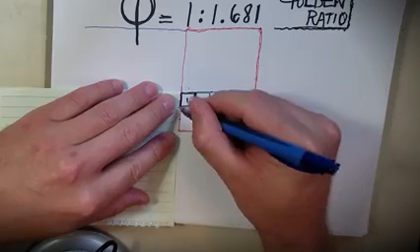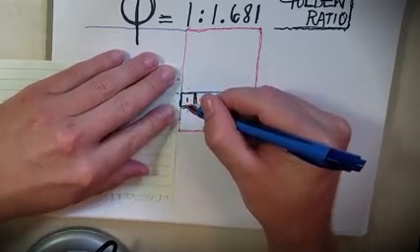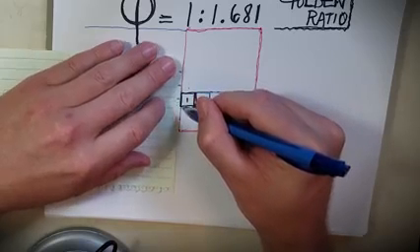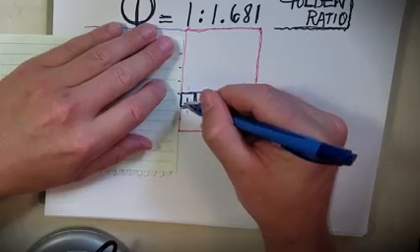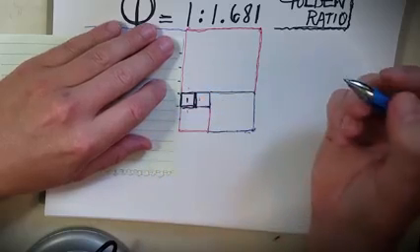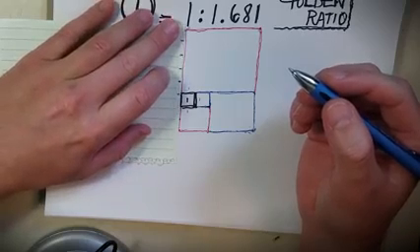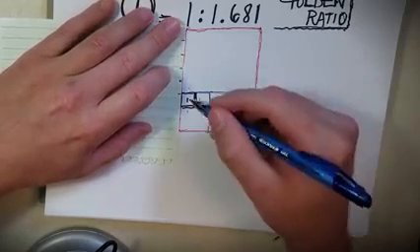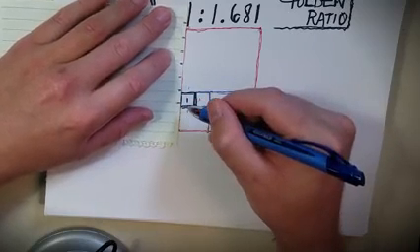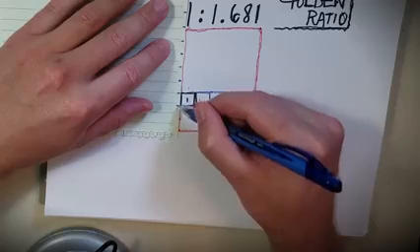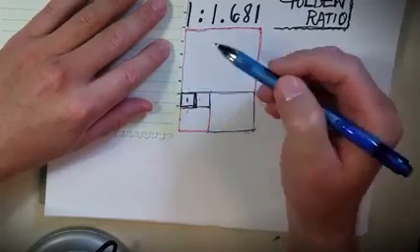Take this, mark that: 2, 3, 4, then 5. Okay, I wasn't terribly far off. That'd be 6, 7, 8. So that's 1, 2, 3, 4, 5, 6, 7, 8.